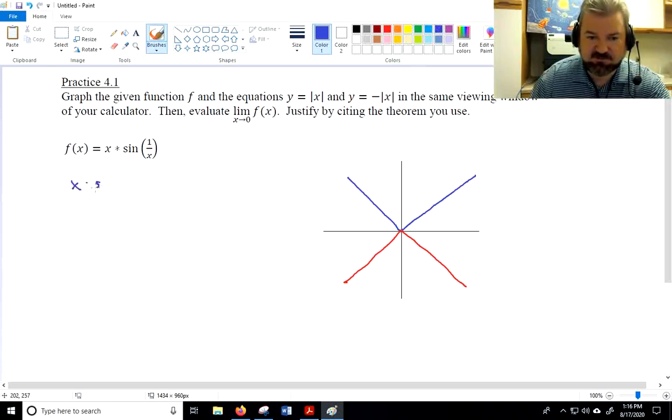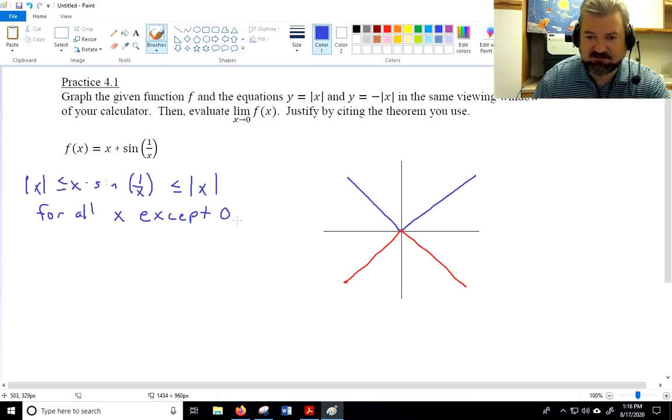Negative the absolute value of x is less than or equal to x times the sine of 1 over x, which is less than or equal to the absolute value of x, for all x except which one? Except 0, because you can't divide by 0. But that's okay, because that's the value that we're using. As long as the only time it's not that way is that one value, we can use the squeeze theorem.